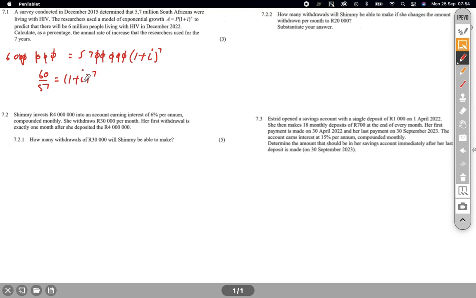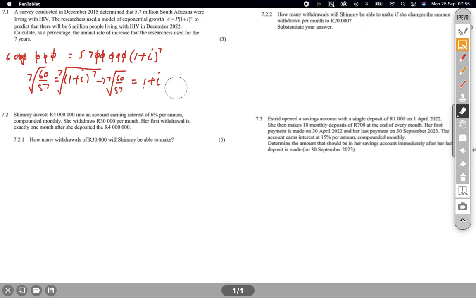Then to isolate this bracket, you take the 7th root of both sides, and this should give you the 7th root of 60 over 57 is equal to 1 plus i. Now we want i to be alone, so we have to transpose this 1 and bring it to the other side. And remember, when we transpose, the sign will change to become a negative.